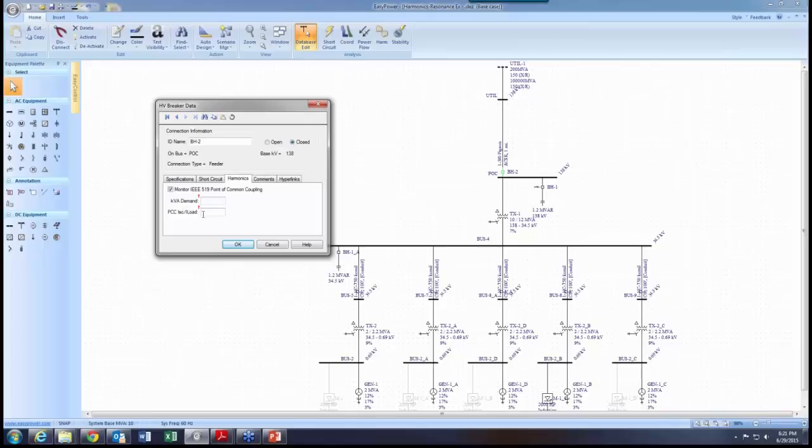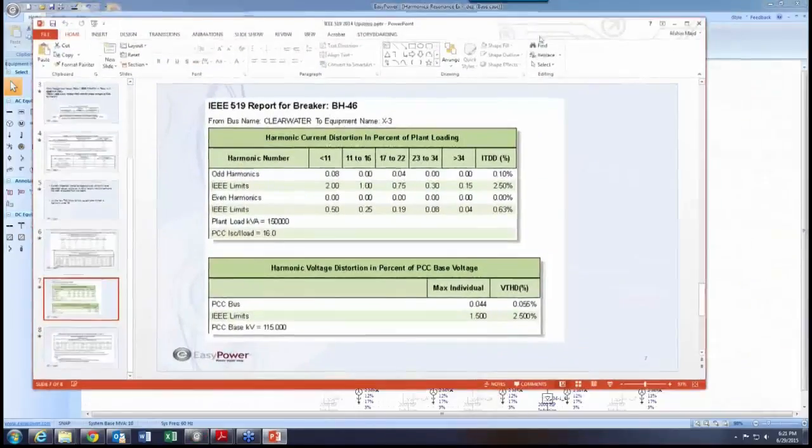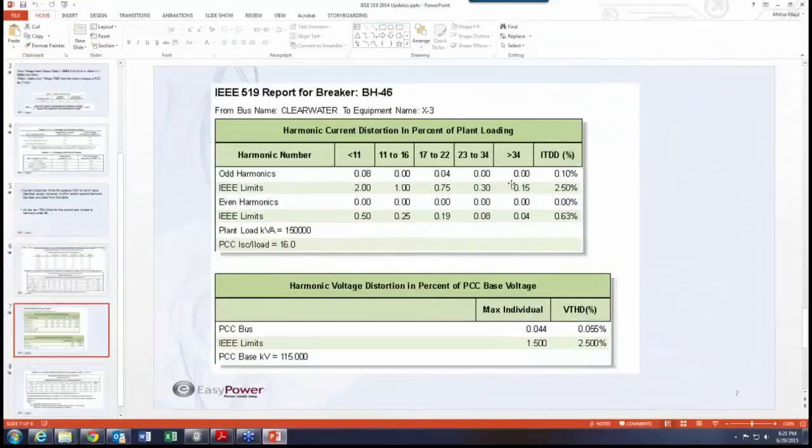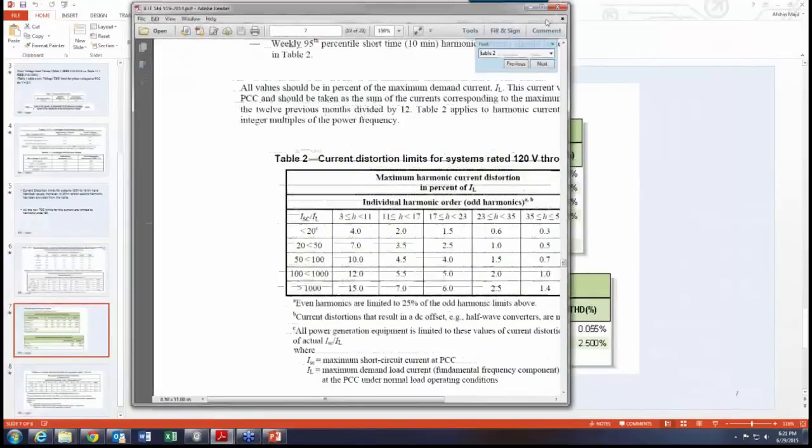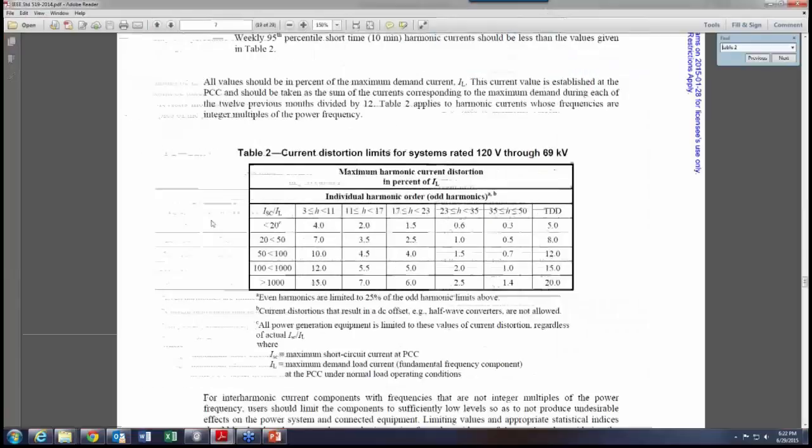EasyPower gets these two values from you, comes here, calculates from these tables, calculates these values, looks at this category, picks up the category, looks at the harmonic order, and compares the existing values with the limits. So that's what EasyPower will do. So you would know the importance of putting those values in EasyPower correctly. Okay, so that gives you the limits here.